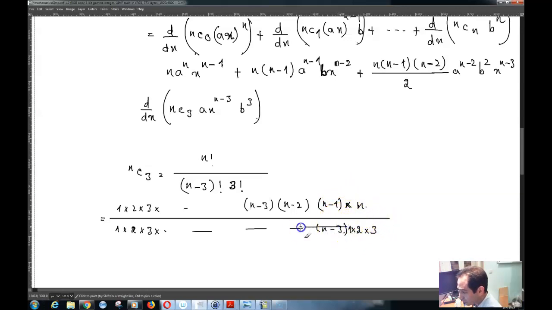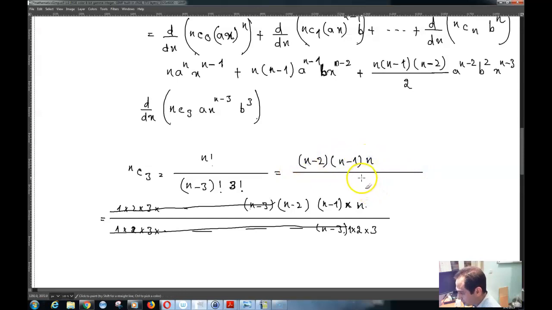So then you can simplify all of this, and you can write n combination 3 as n minus 2 times n minus 1 times n over 1 times 2 times 3.